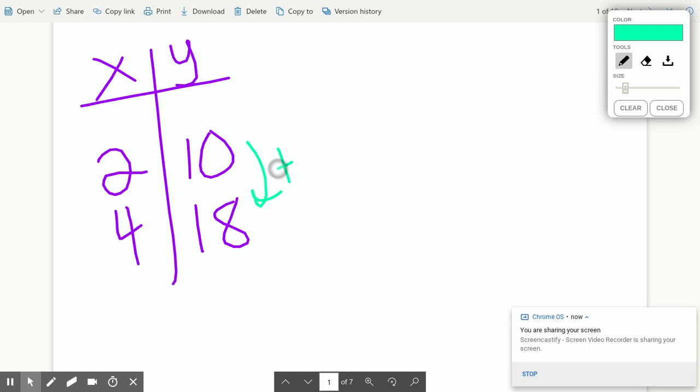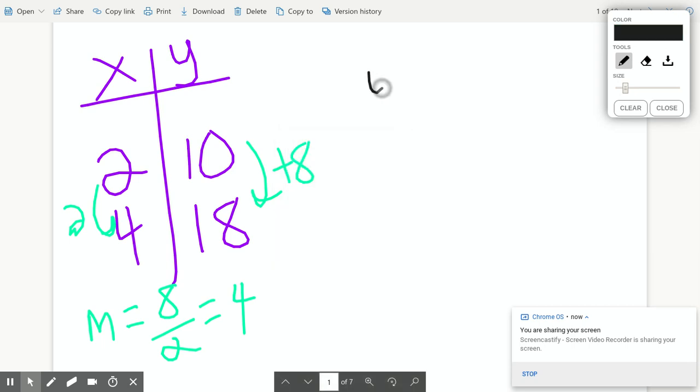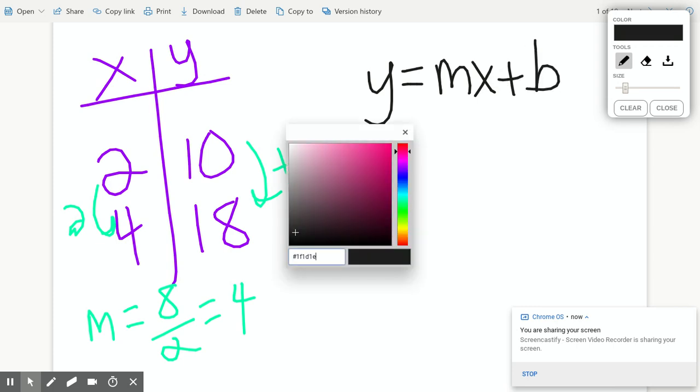So this goes up 8 over 2, which is 4. So that's my slope. Now with my equation, I don't have my y-intercept, so I have to plug into y equals mx plus b. I have to plug in one of the points along with my slope.